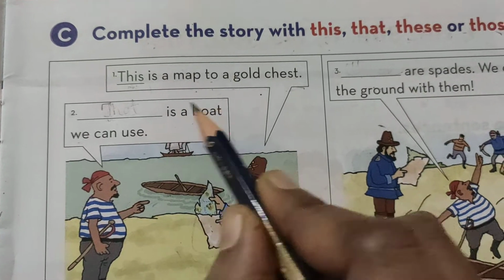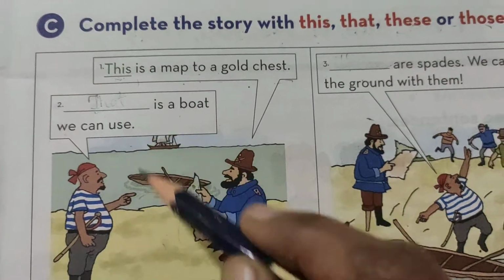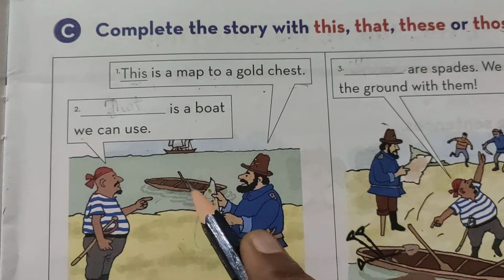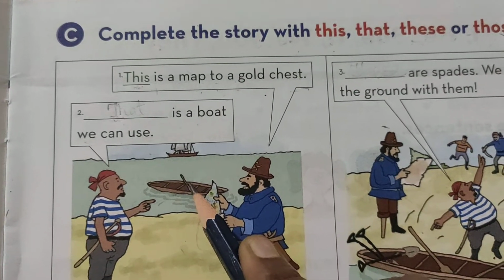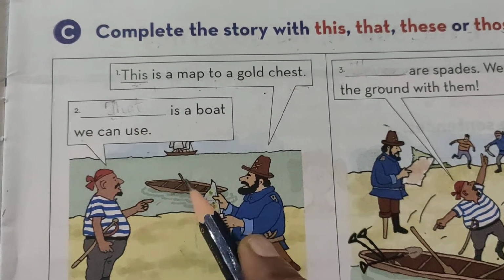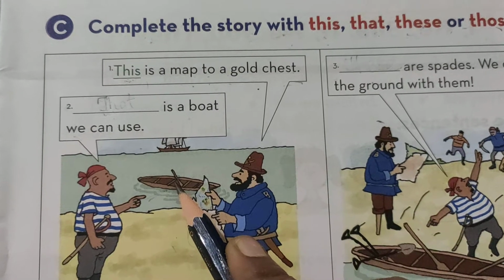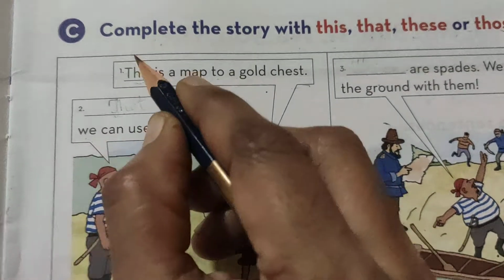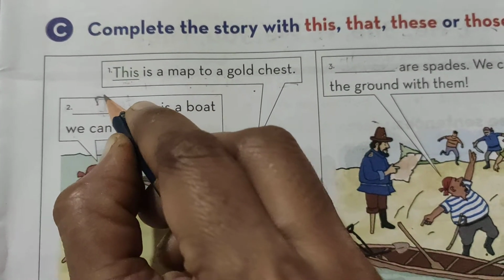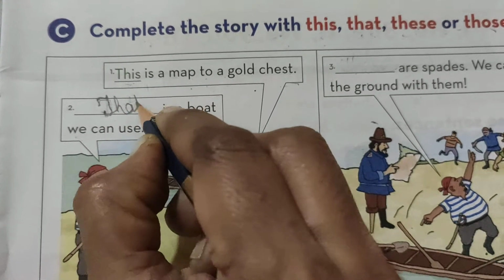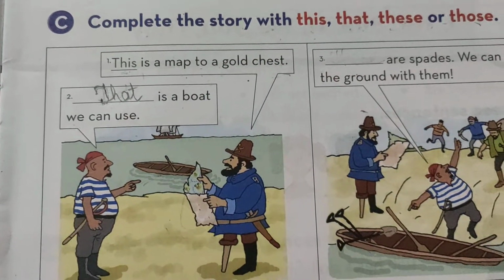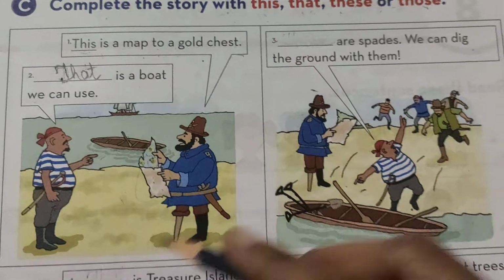Dash is a boat we can see. Now singular and far. Okay, see the boat, it is only one and far. So we use the demonstrative that. T-H-A-T. That is a boat we can see.